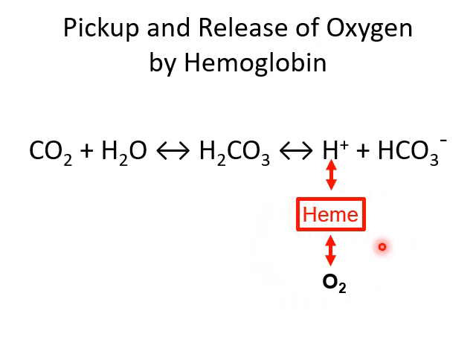So we pick it up very quickly as we get rid of the CO2 in the lungs. As we generate it out in the tissues, we're going to have the heme dumping that oxygen so that the oxygen is left to the tissues that need it the most.